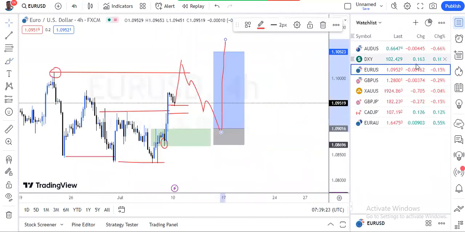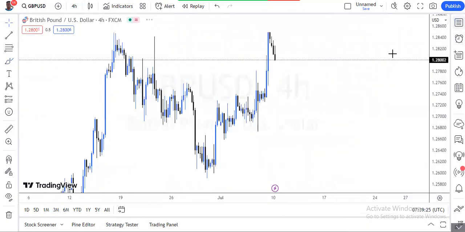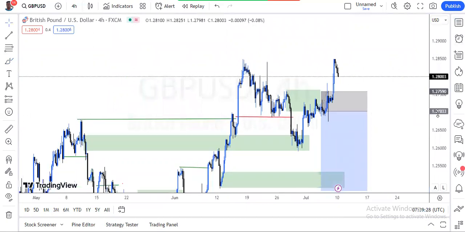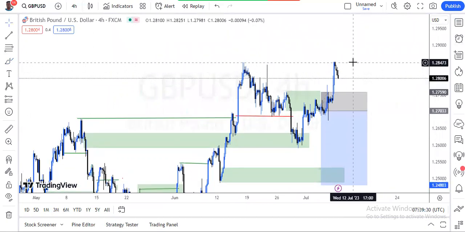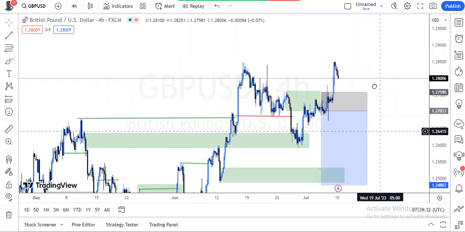So let's get the pound sterling. Now you see the pound sterling almost broke the high, almost did.